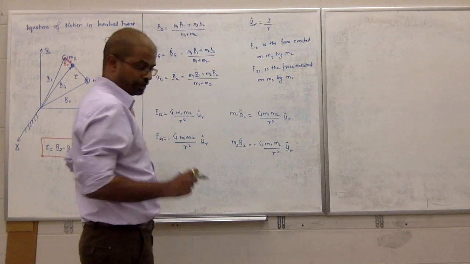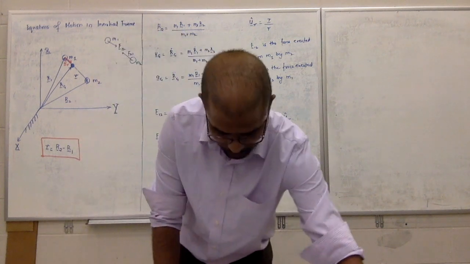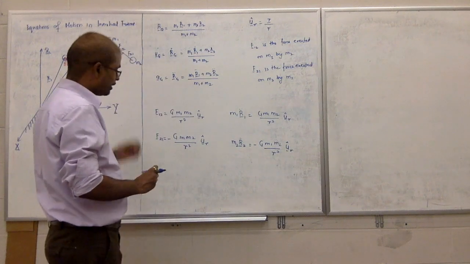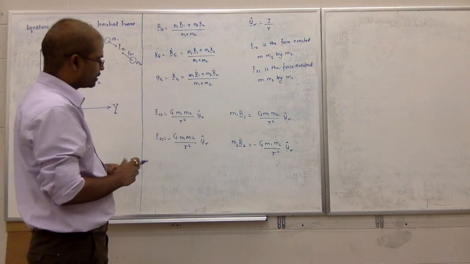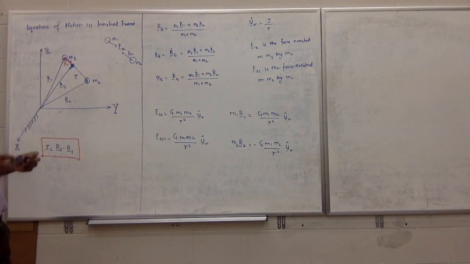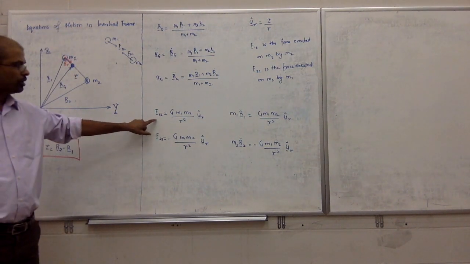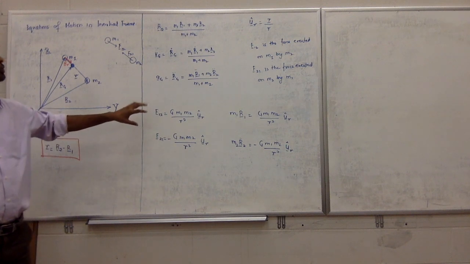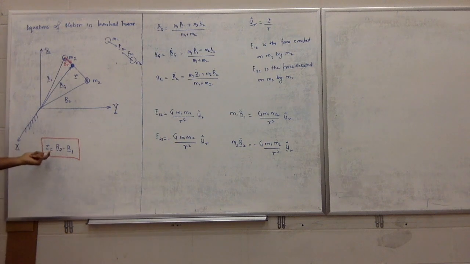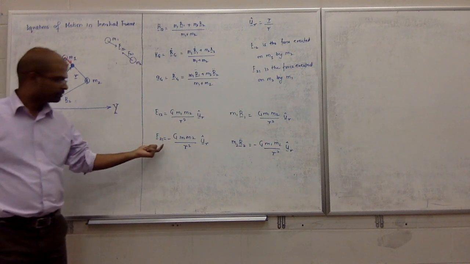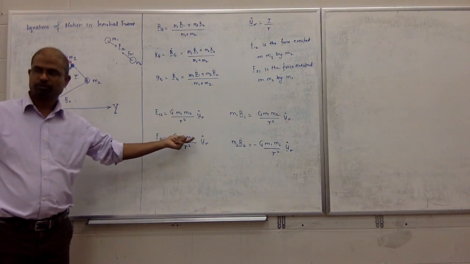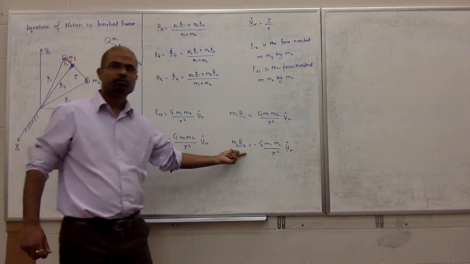So what we'll end up today is, we'll finish here. See what have you learned here? Think about what you have learned here. This is all absolute, okay? We have not used this term. This is a relative term, right? But we have not used it. This is also absolute.